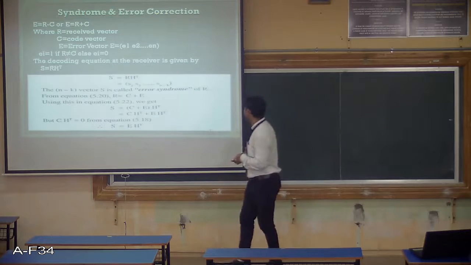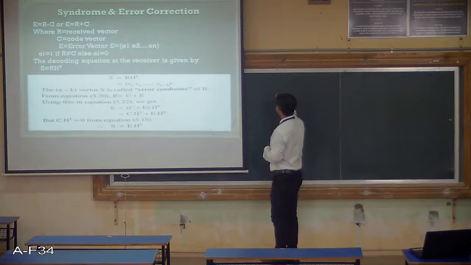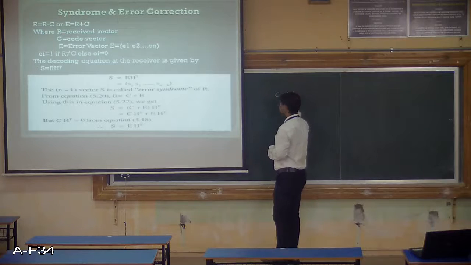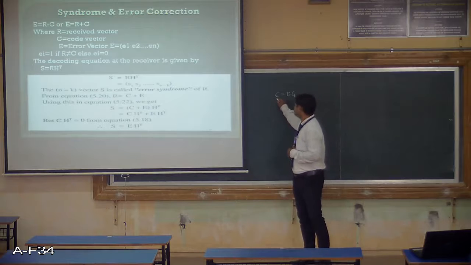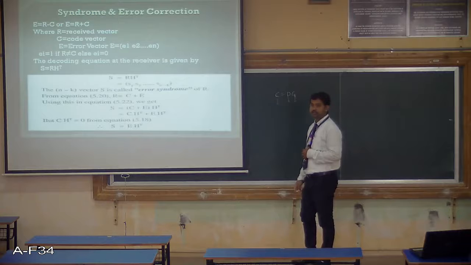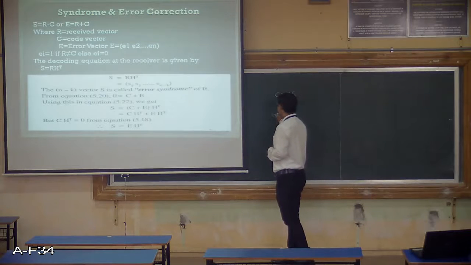If you want to generate the code words, the k information bits into n bit code words, we have a simple formula, that is C = DG, where C is the code vector, D is the data vector, and G is the generator matrix.